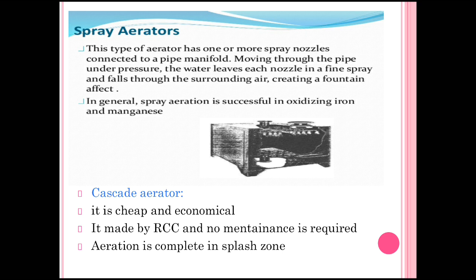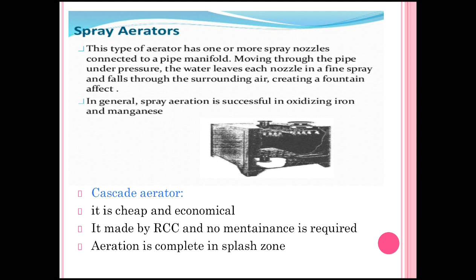In general, spray aeration is successful in oxidizing iron and manganese. Whenever the water comes in contact with air, oxygen is dissolved in it, so the iron oxides and manganese get removed.